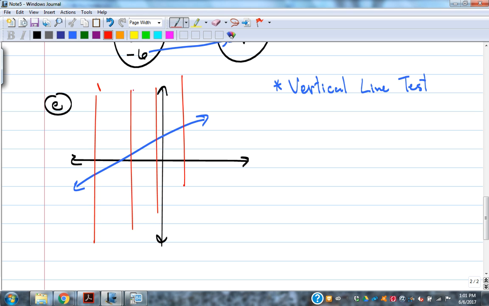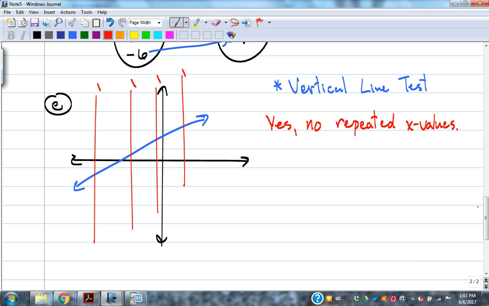Well, this one only touches it once. This one's once. What that determines is that if the vertical line only touches it one spot, then it passes and it is a function. Okay? And that means it has no repeated x values.